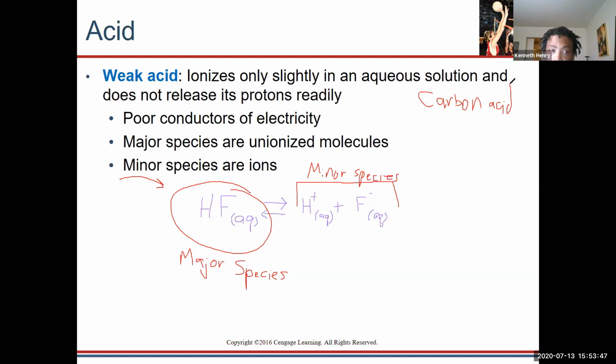Carbonic acid is a weak acid. Citric acid is a weak acid. Propionic acid is a weak acid. Butanoic acid is a weak acid. So anything that has carbon in terms of being an acid is going to be a weak acid. All your carboxylic acids are going to be weak acids.